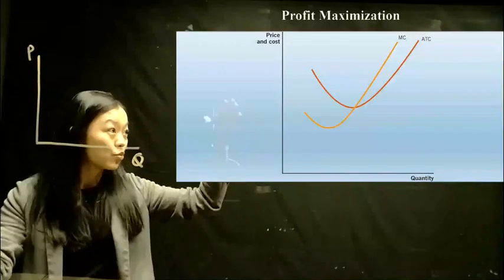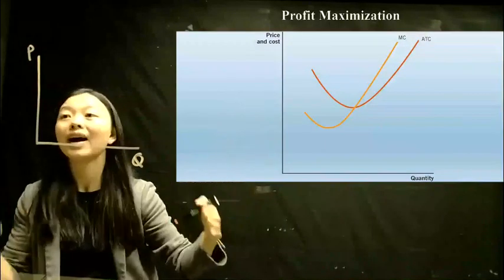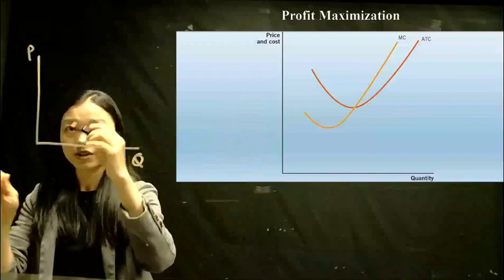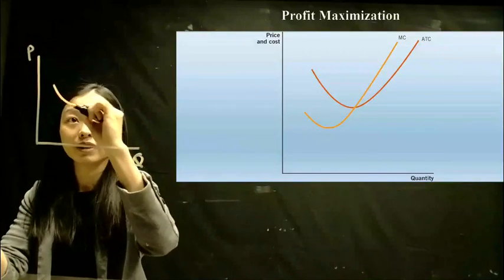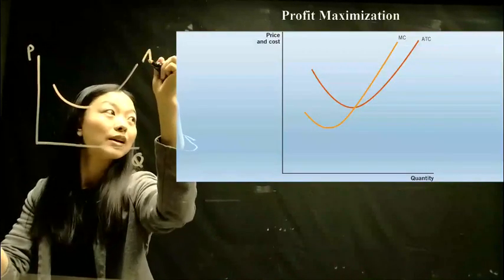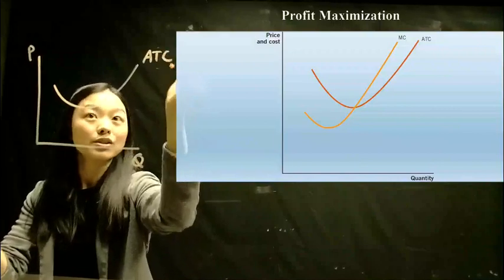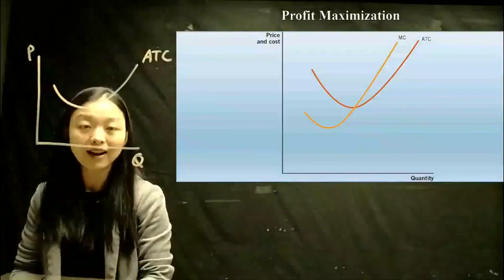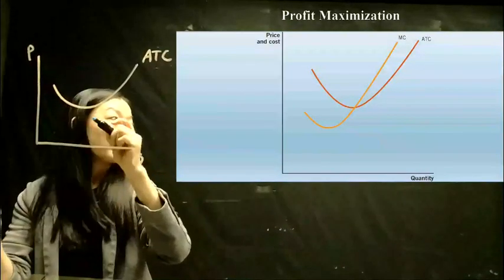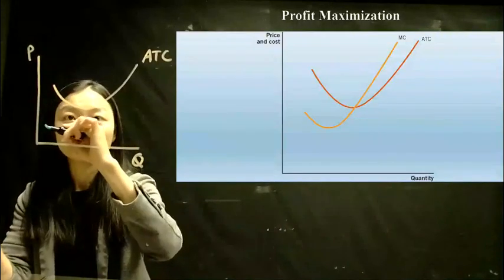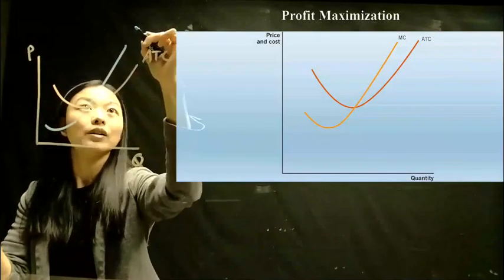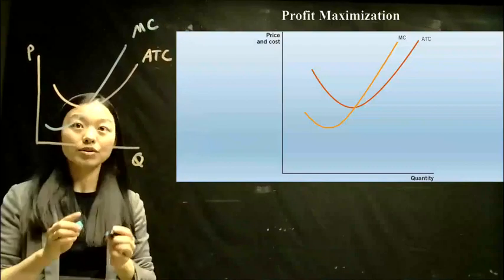And then we have this red line here representing average total cost. So first I will draw the line like this one. I will mark it as average total cost. And then I will draw another line here. I can mark it as marginal cost. Okay? This will be our marginal cost curve.